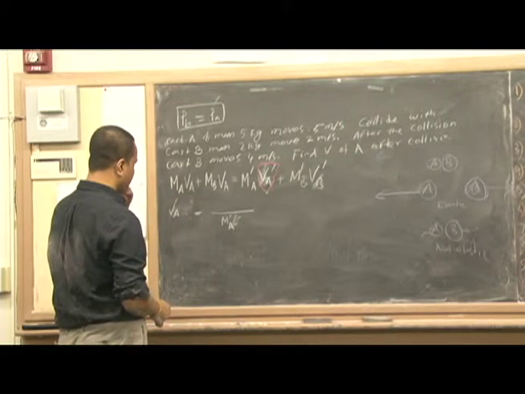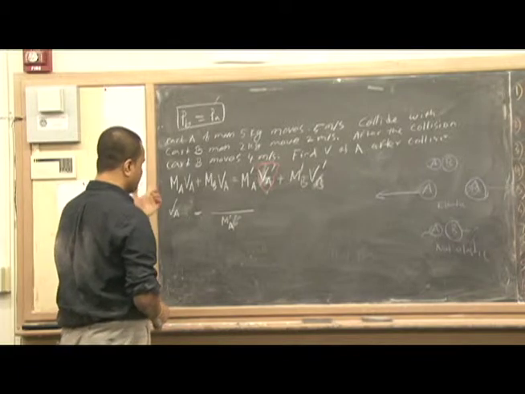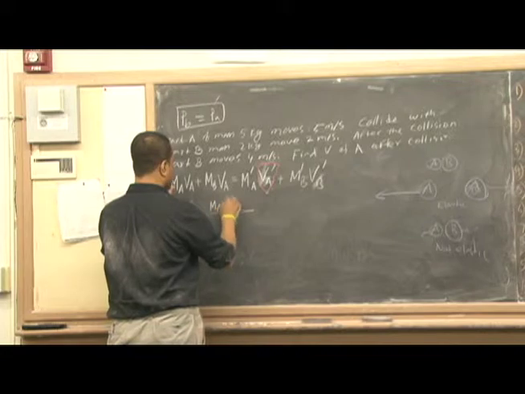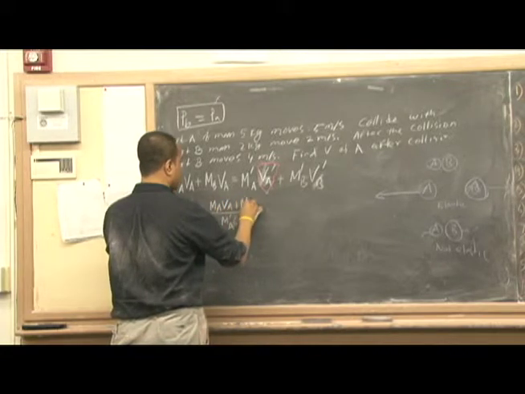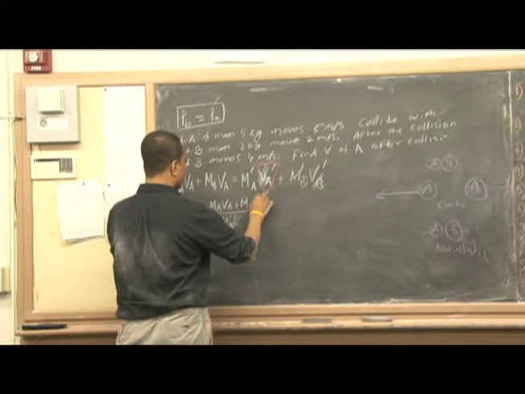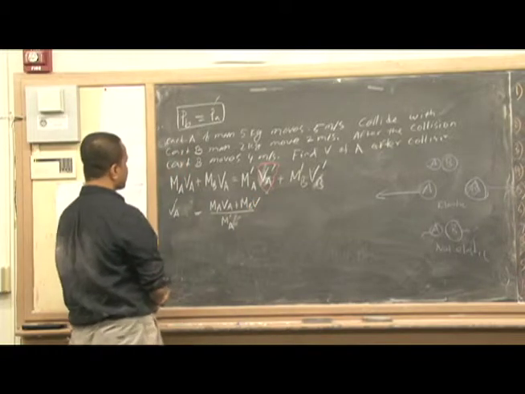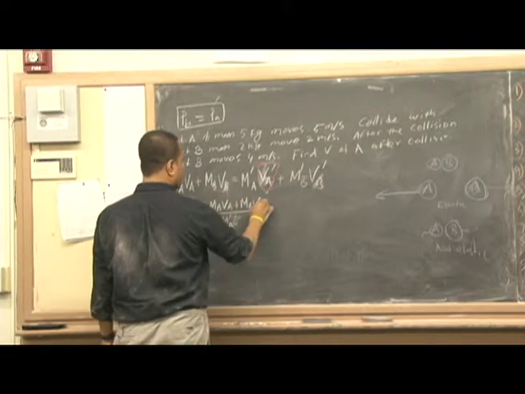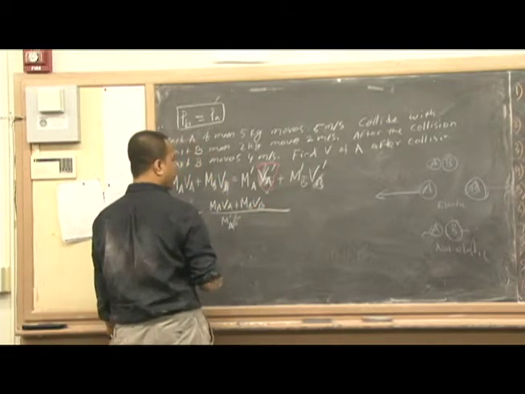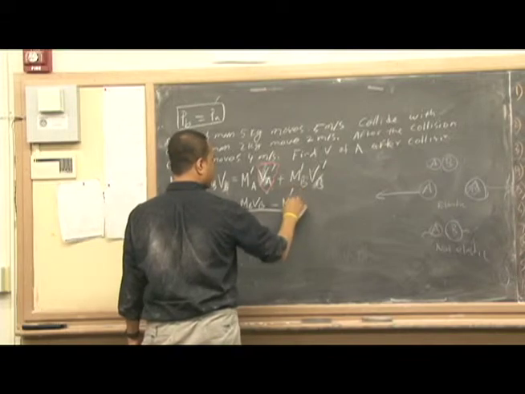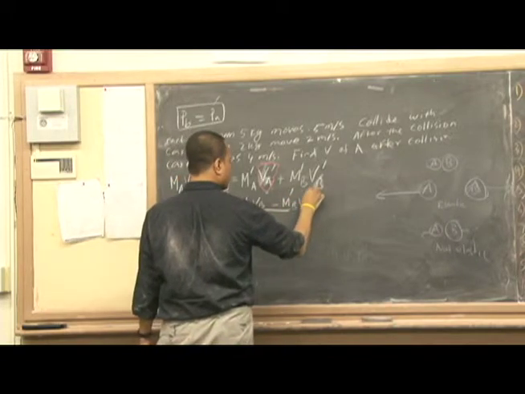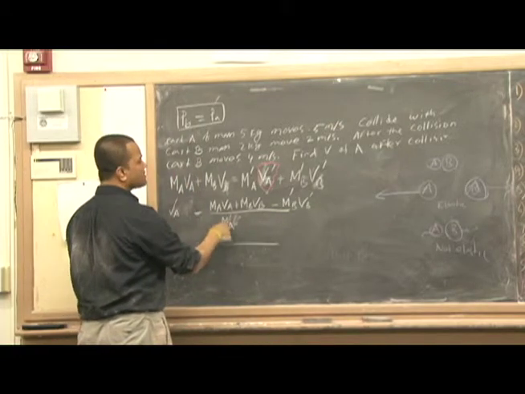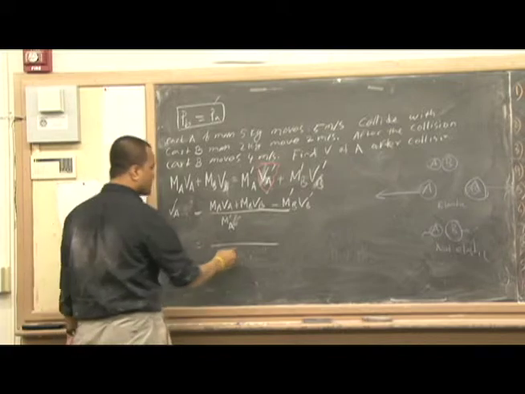Now let's see. This is already there. So mass of A, velocity of A, plus mass of B, velocity of B, minus mass of B, velocity of B after the collision. What is the mass of A after the collision? It's the same thing. Mass is always the same, right?